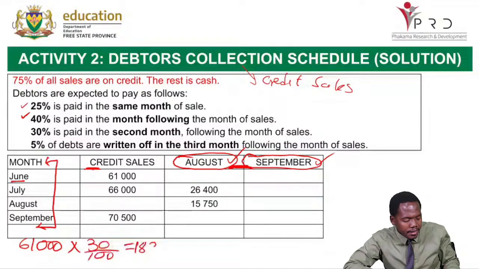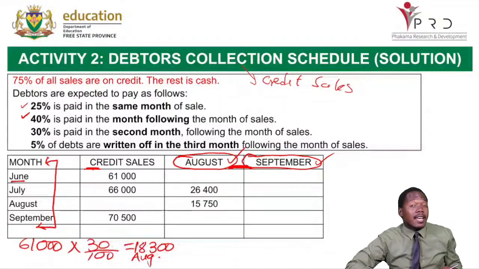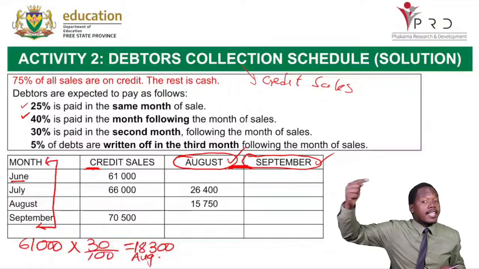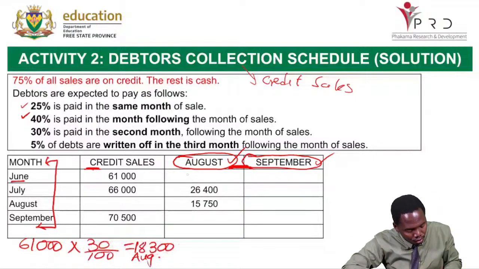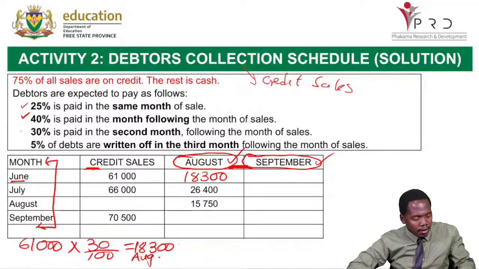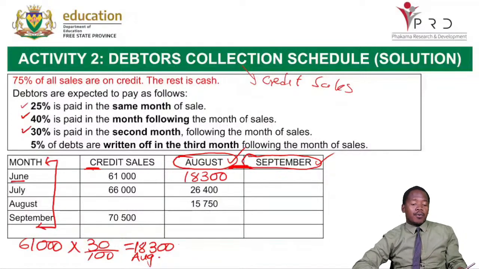Our answer becomes 18,300. This is the money that will be collected in August for the sales of June. So we have 18,300.